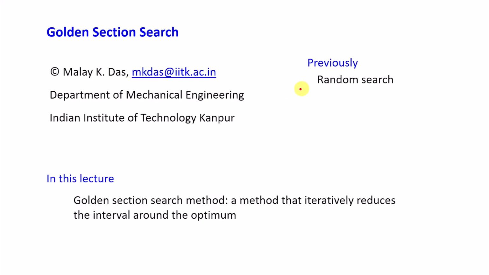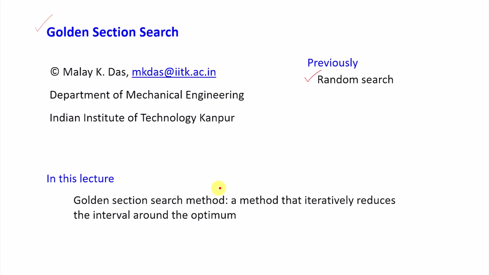We are discussing one-dimensional unconstrained optimization, and in our last lecture we talked about random search. Random search is an easy technique where we randomly generate certain points and try to see if that point is indeed the optimum. Now we'll make our search slightly more systematic, and in this lecture we'll look at golden section search.